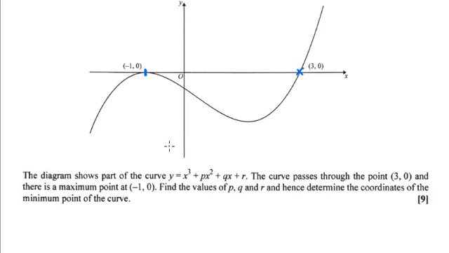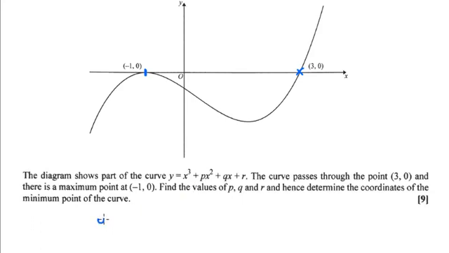Initially, what I thought to do was come up with a set of 3 simultaneous equations. We've got 3 unknowns here. So if we can substitute in these values, we'll get some equations with P, Q and R. But on reflection, I've just realised that this point and this point will allow us to write the cubic in factorised form.